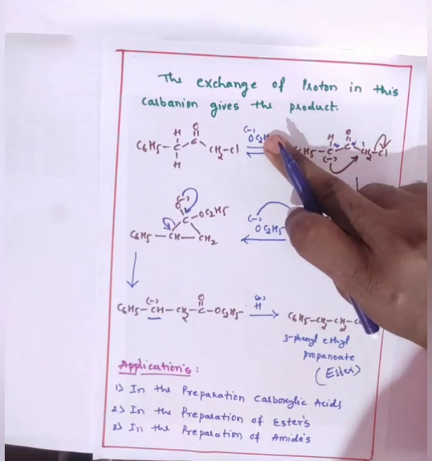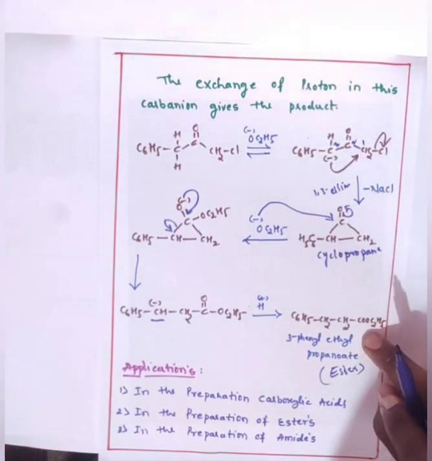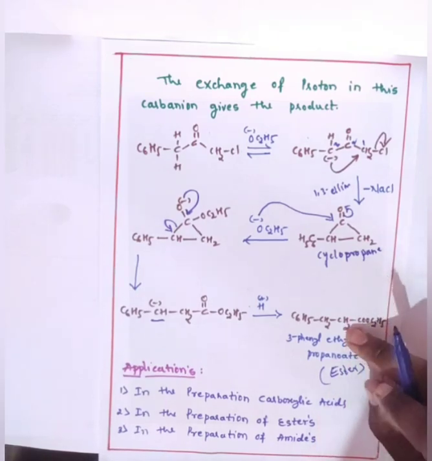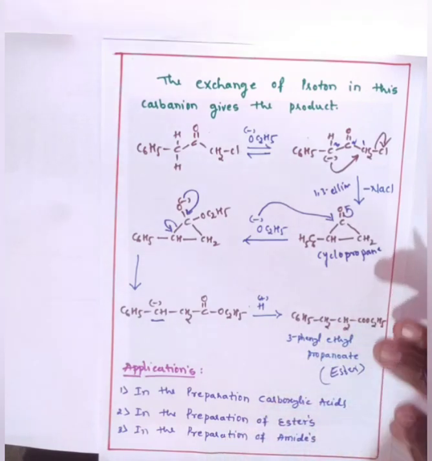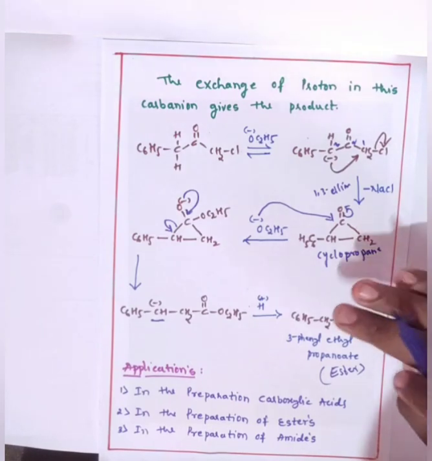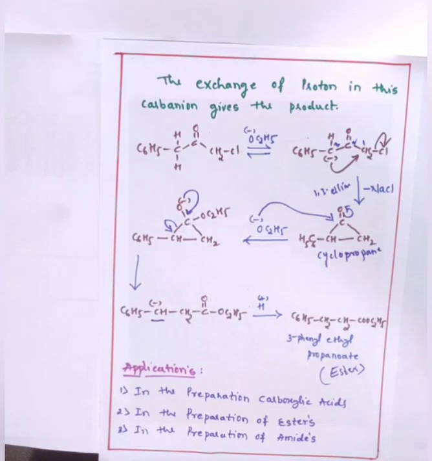So sodium ethoxide is involved in the reaction and gives the final product, the ethyl ester. In the previous rearrangement reactions, we saw that acids act as catalysts. So here ethoxide acts as a reagent. That is the difference between a reagent and a catalyst.